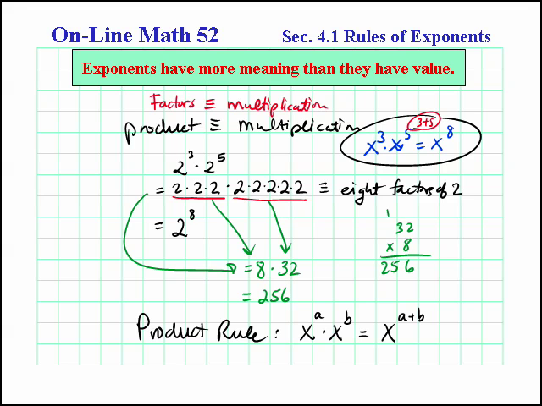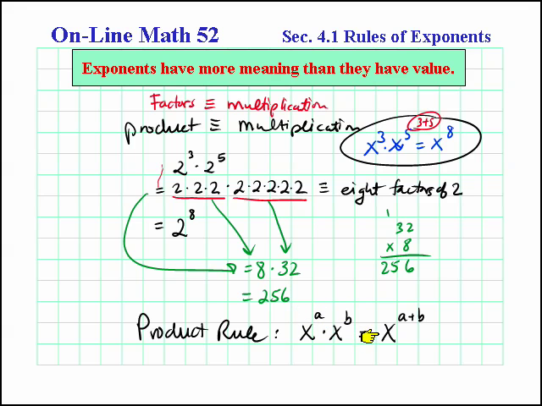So the exercises here help you understand it for yourself beyond just me telling you. Really, it's helpful for you to understand it yourself. And so that's what some of the exercises in the textbook are about, is you understanding what this expansion means, and how we can put them together, and the idea that the product rule allows us, as long as these bases are the same, that when we multiply, remember multiplication means factors, exponents means factors also, that we just have a combined total number of factors.